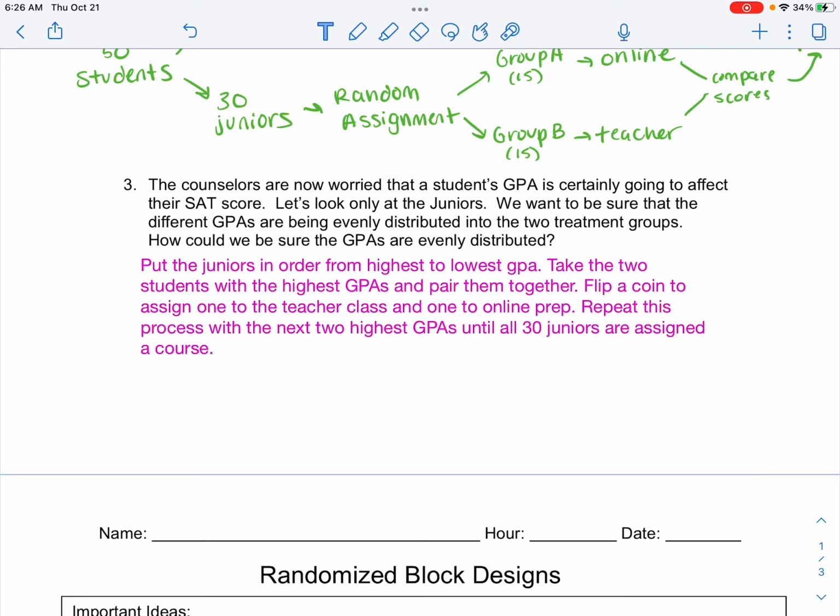But I'm not going to just compare the two groups. I'm going to actually directly compare the two that I had paired together in the first place. So the two people with the highest GPA, once this is over, I'm going to come back and compare those two to each other. The two people with the lowest GPA, I'm going to come back and compare those two with just each other.